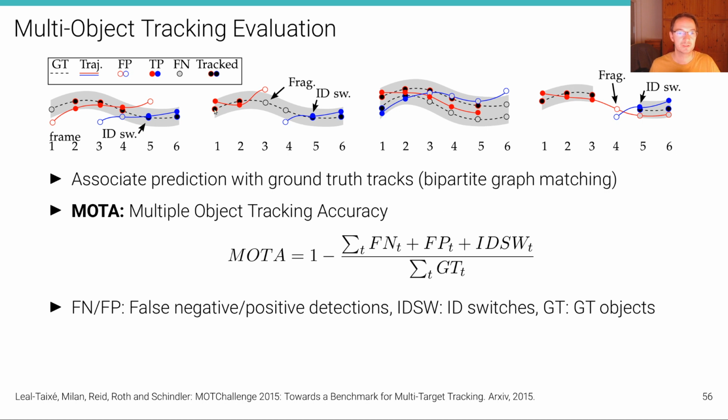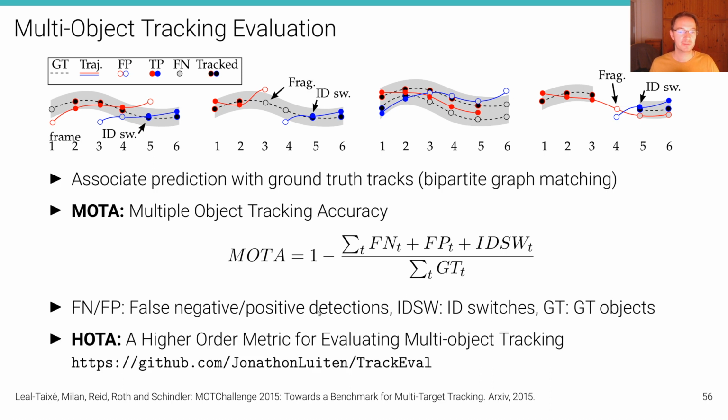An ID switch is if a ground truth trajectory is tracked by one object and then suddenly by another one. So we are switching effectively the ID. We are not recovering that this is one single identity, but we are finding two different tracks. So these are all things that we don't want. So we're counting them as errors, and we're dividing this with respect to the total number of detections, which is GT at time t. So a very simple measure, but it has also many flaws.